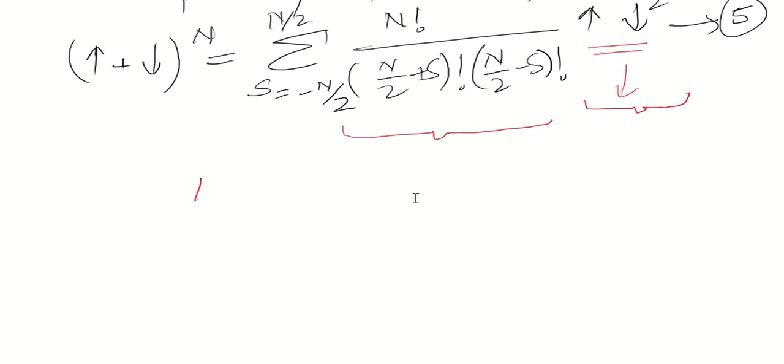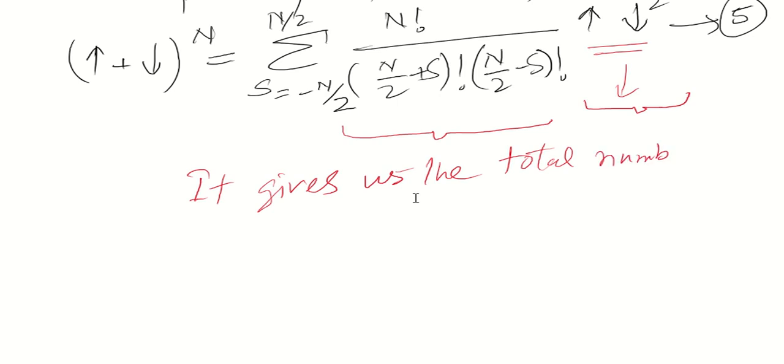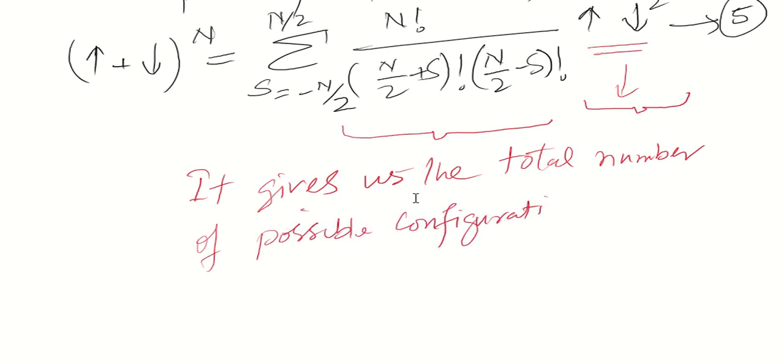It basically gives us the total number of possible configurations in a binary system. Binary system means only two possibilities.